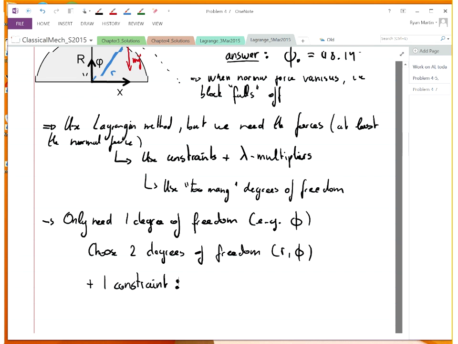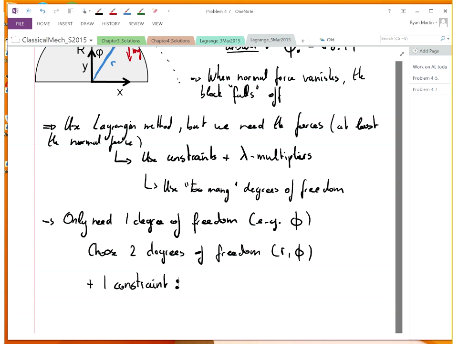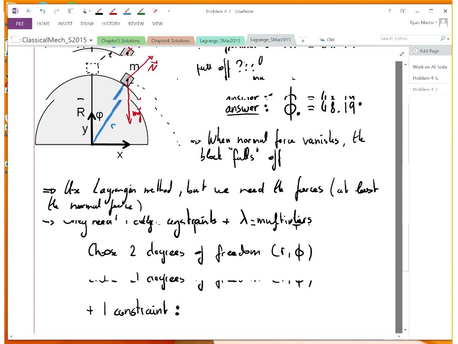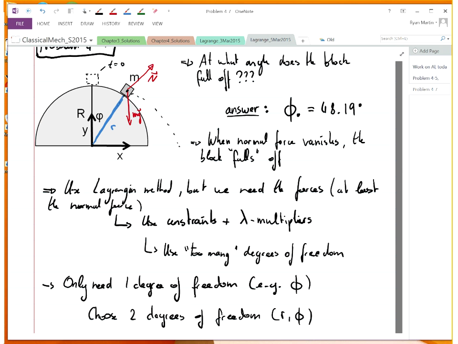I'm going to give you a minute to think about that. All right, so the constraint equation, and hopefully related to the normal force.